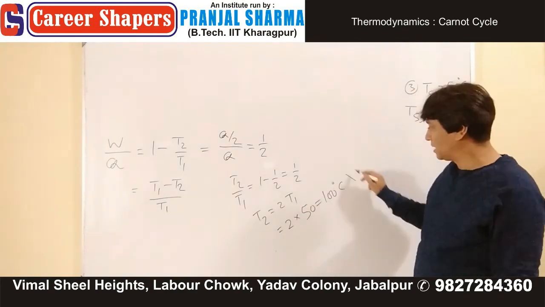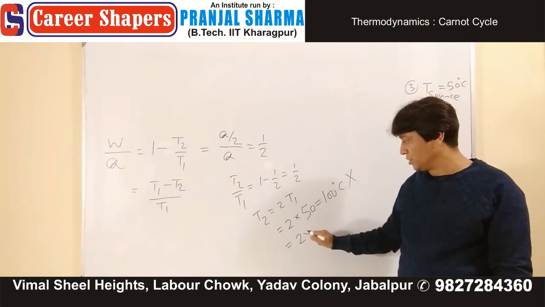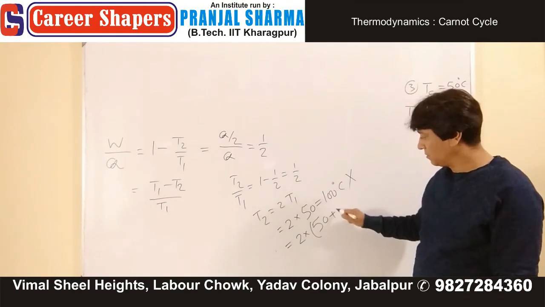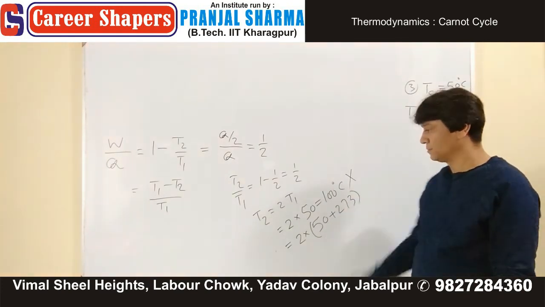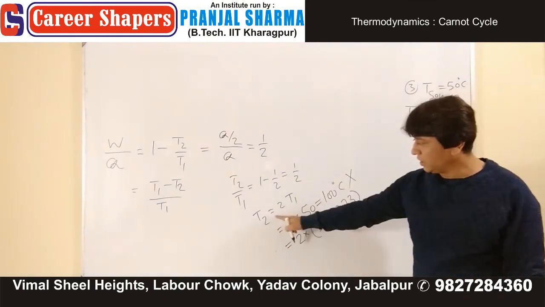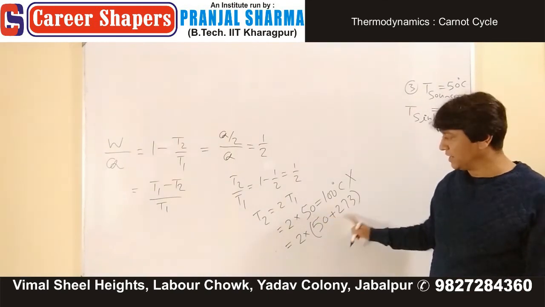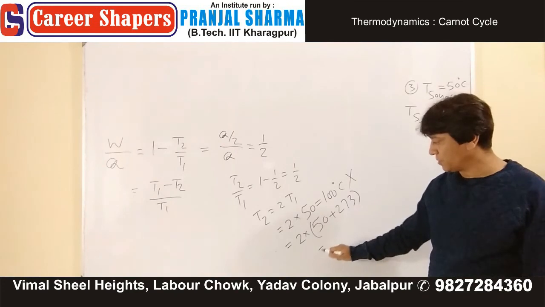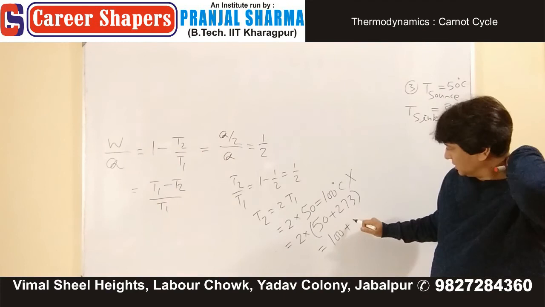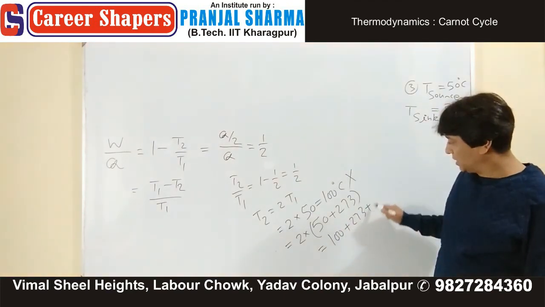Go down this and then make a cross. 2 into T1, what is T1? 50 plus 273. T1 and T2 are in Kelvin. T2 is 2T1. This is 50 degrees Celsius. Write down in terms of Kelvin. This is coming 100 plus 273 plus 273.